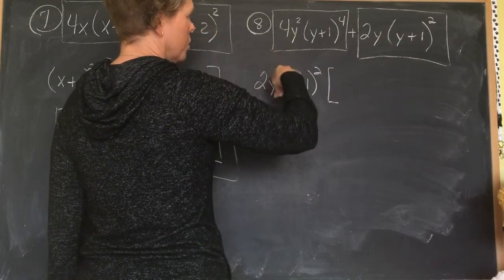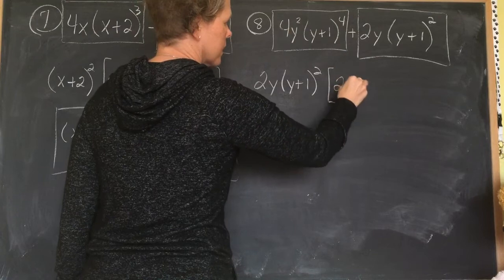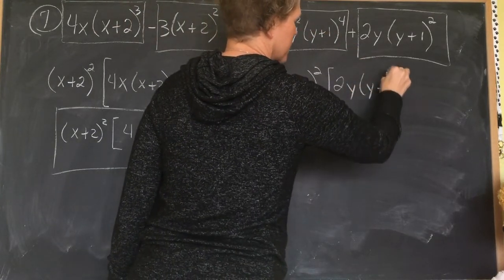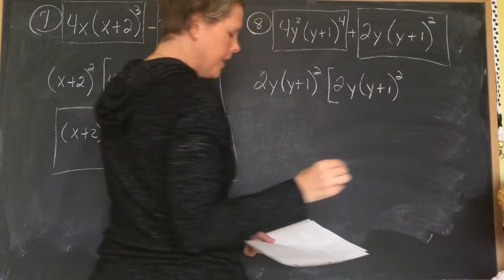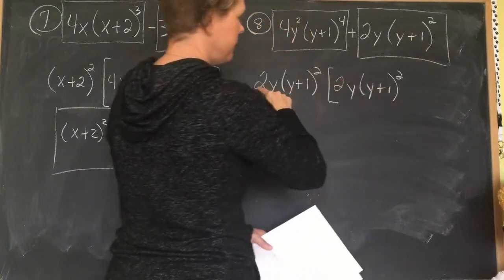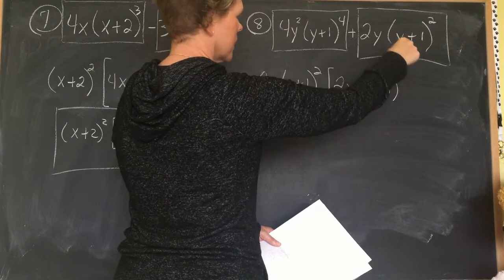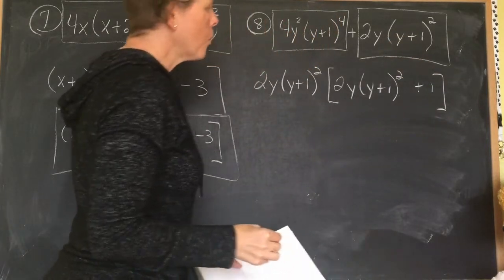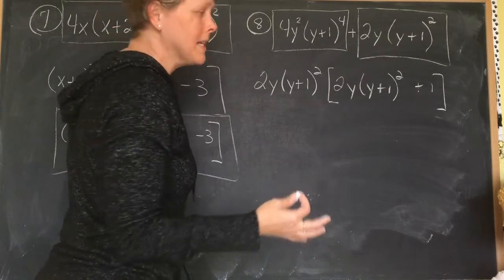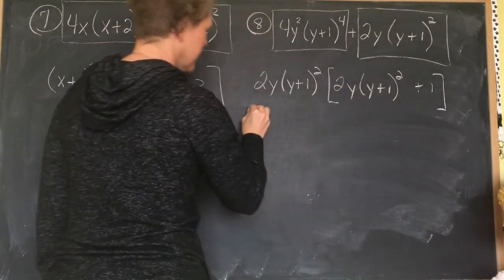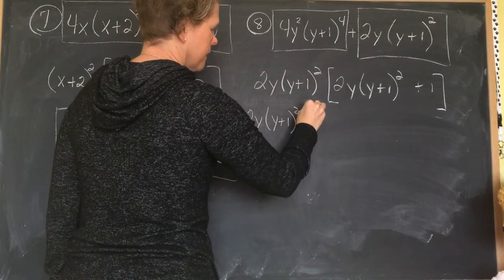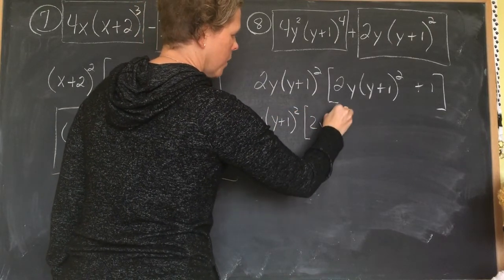Well, if I take out a 2y out of a 4y squared, that leaves me with 2y. That leaves me with y plus 1 squared. And then over here, it looks like I just have a plus 1. You are always going to have to clean up what the leftover pieces are. So I am going to have to clean that up there. So I'm going to have 2y, y plus 1 squared, 2y.